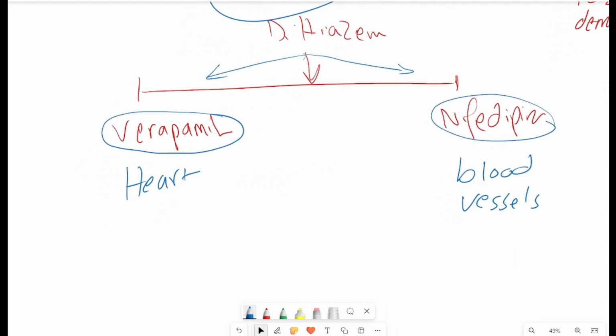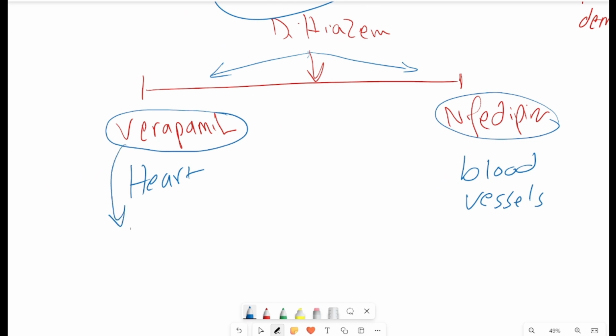Because this medication blocks calcium channels in the heart, the result will be decreased heart rate. For this reason, we use it for angina, for example.